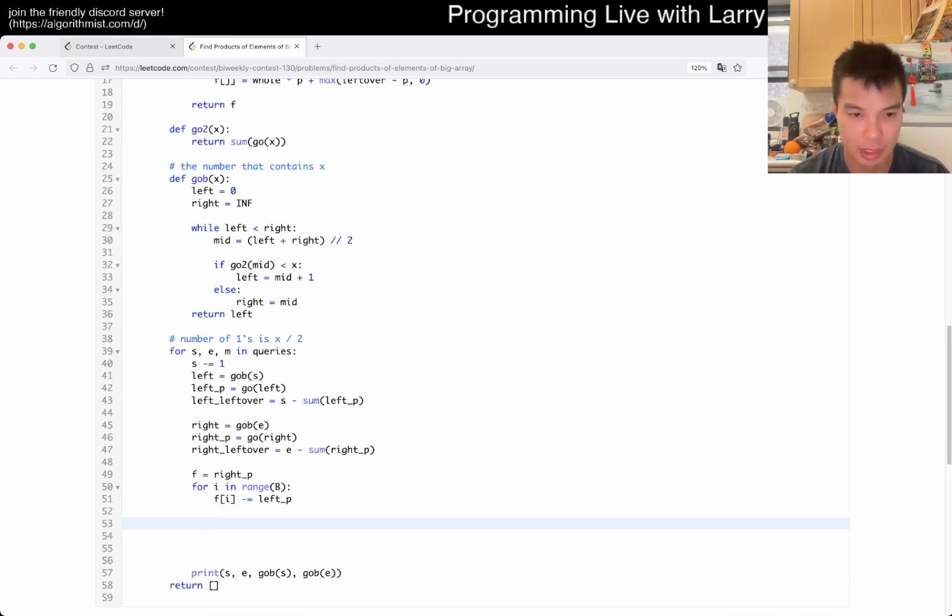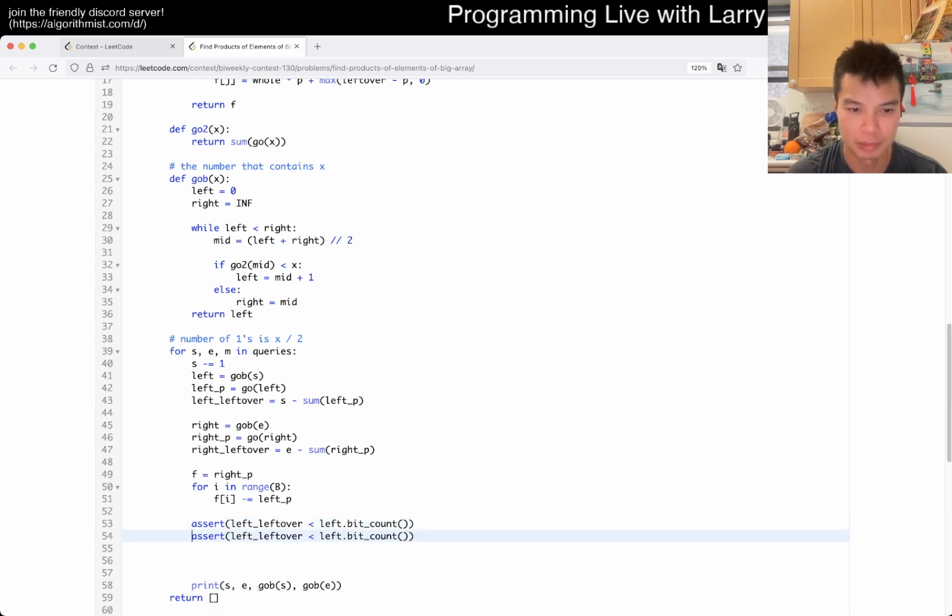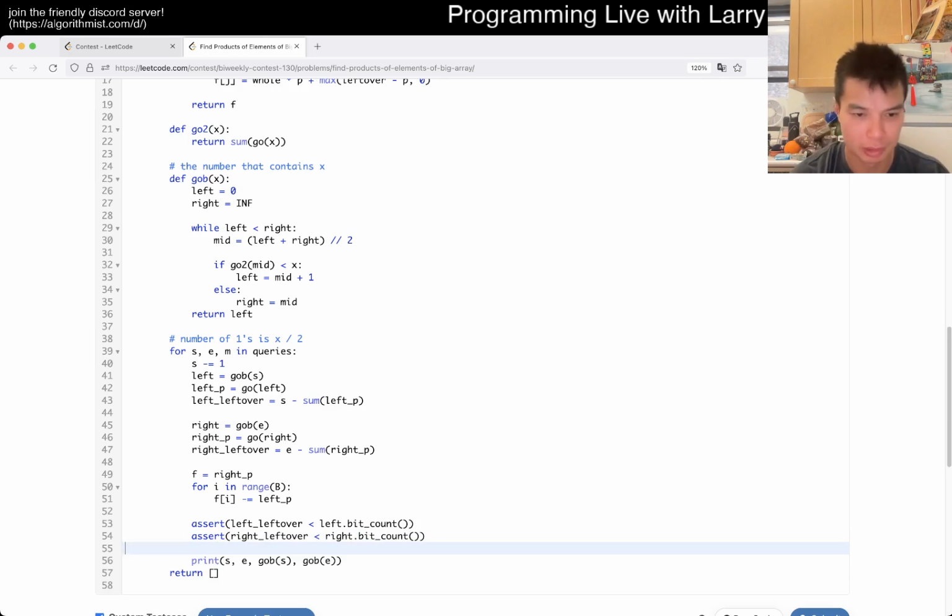So then now, so then it's left and the leftover bits. I don't want to do, yeah, okay, I mean, I want to do this. I should remove this just in case. But, I mean, it'll give me a wrong answer anyway, but maybe that's fine, I don't know.